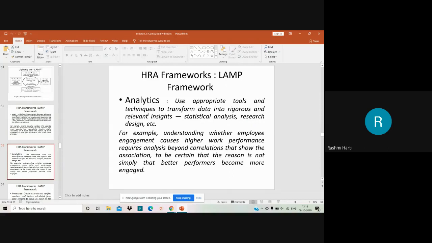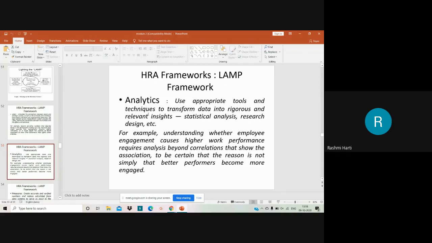For example, understanding whether employee engagement causes higher work performance requires analysis beyond correlation that shows the association, to be certain that the reason is not simply that better performers become more engaged.